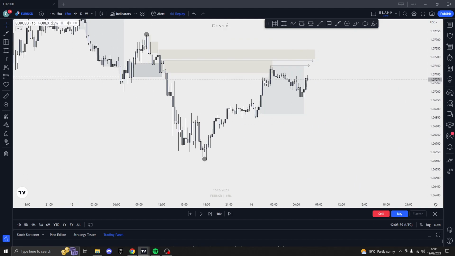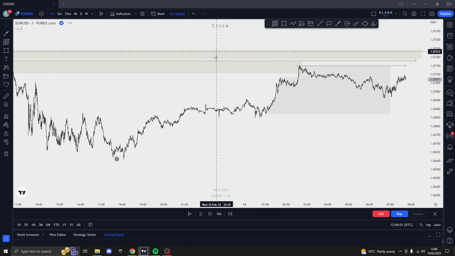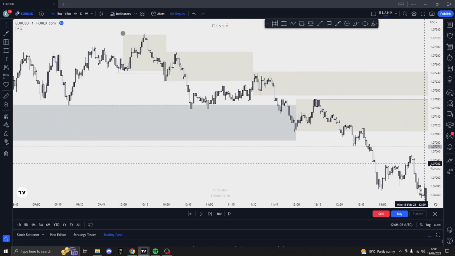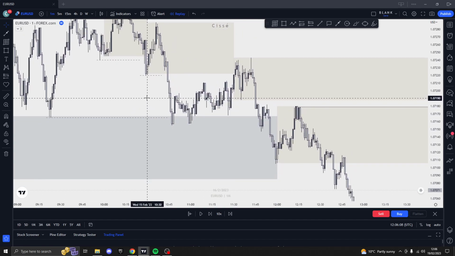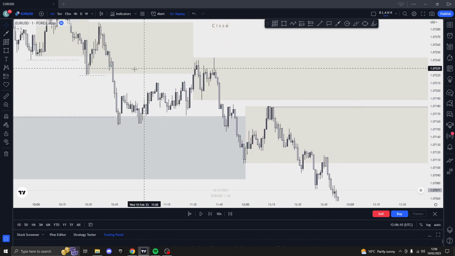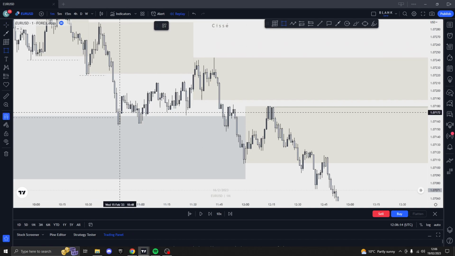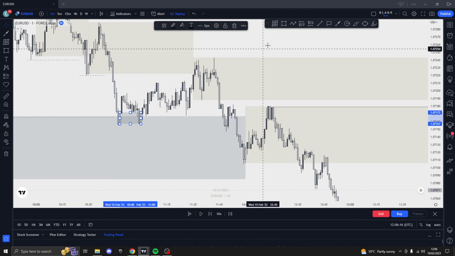However, what I looked to do was refine this 15-minute zone to a 1-minute zone, basically. So as you can see here, coming back up into our 15-minute supply there, we can see demand on the 1 minute takes control.